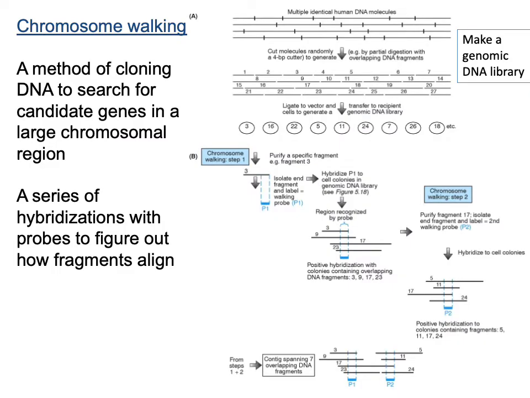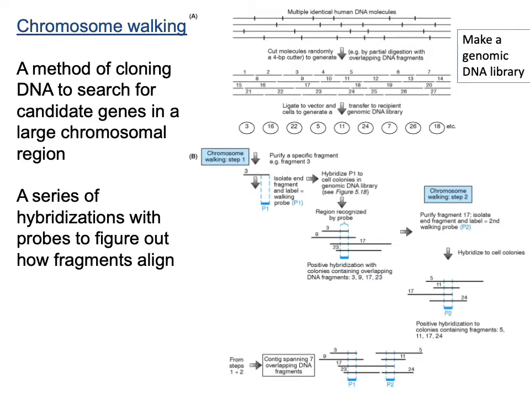In the Ramans paper, they use a method called chromosome walking. So first they made a genomic DNA library, and this was a method they were able to use to clone sections of DNA and then search for candidate genes in these large regions.